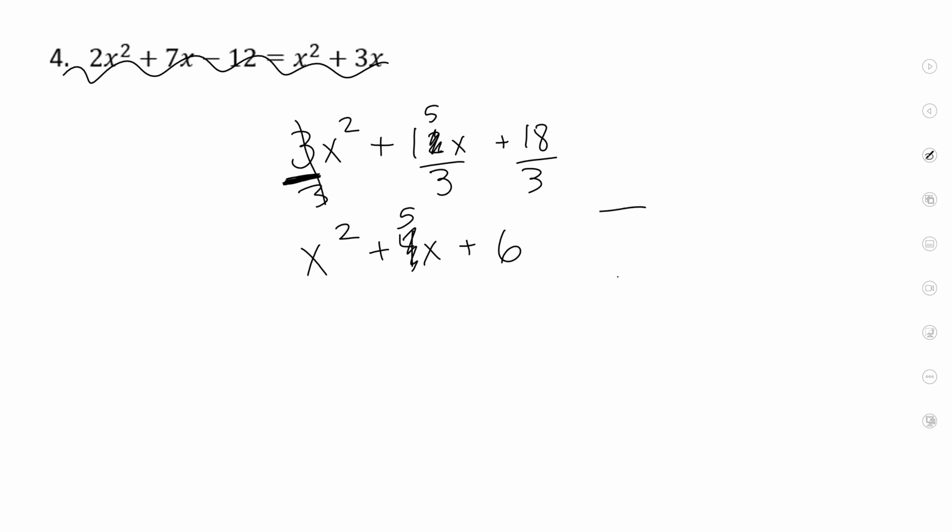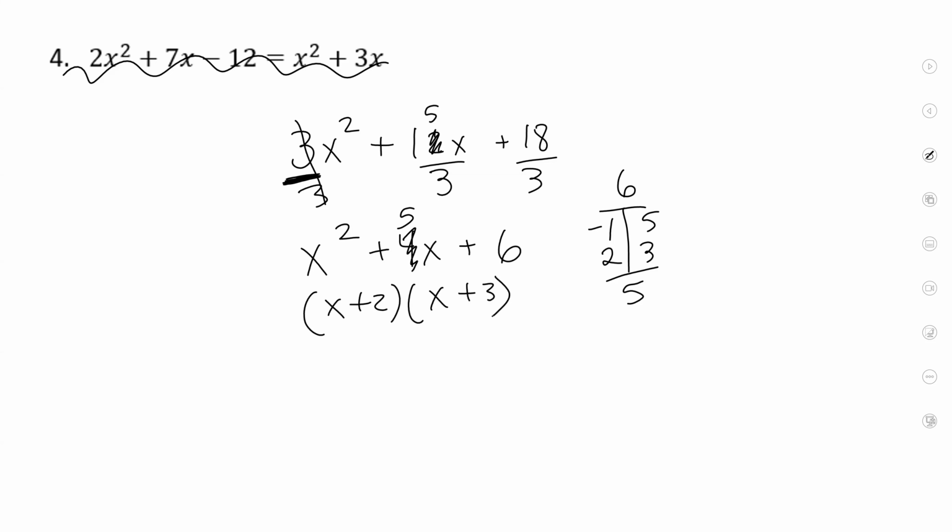Now the process is the same. Two numbers that multiply to 6, guys. -1 and -6? Oh, but that gives me a -6. I want a +6. How about 2 and 3? 2 times 3 is 6, but 2 plus 3 is 5. Y'all see that? Okay, so these are my factors. x plus 2 and x plus 3.